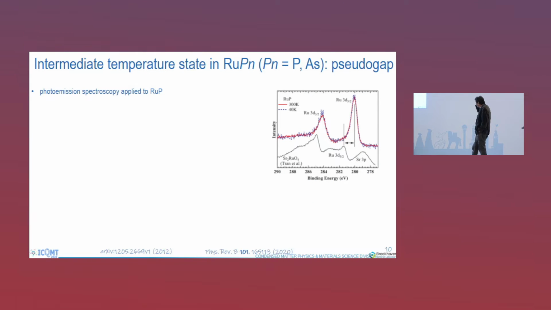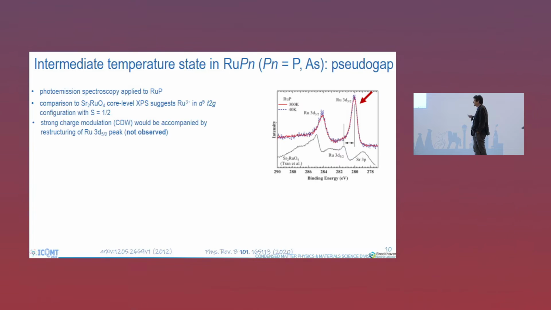Now, photoemission spectroscopy has not found any evidence of change in ruthenium valence across the temperature transition, which does not suggest that there is a charge disproportionation in the system. And so the strong charge modulation that would be accompanied in case of CDW is not seen.